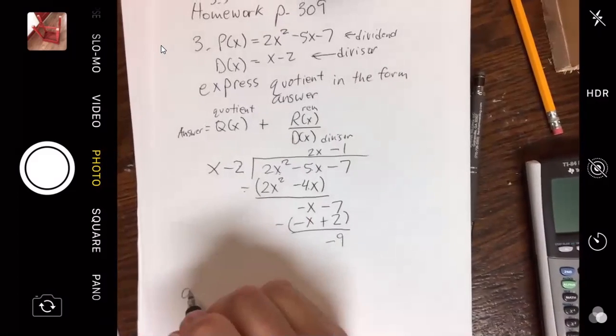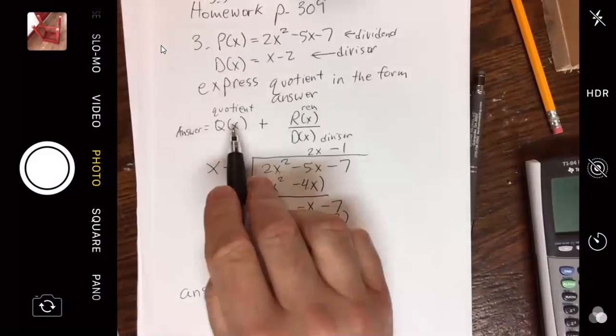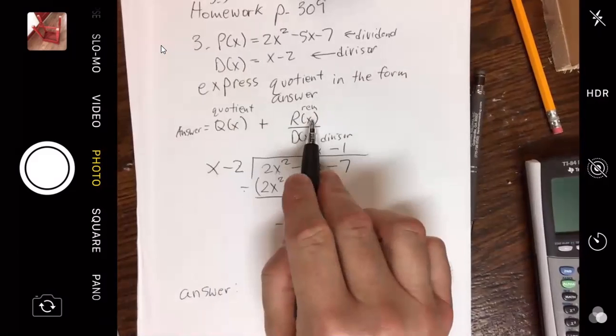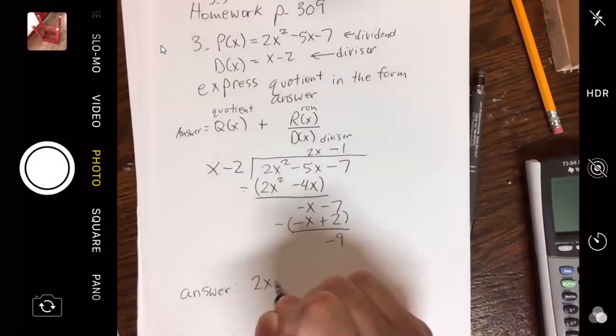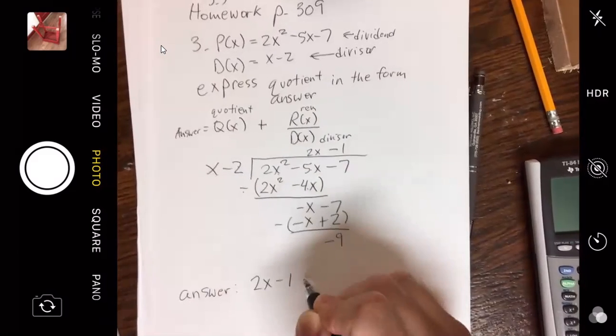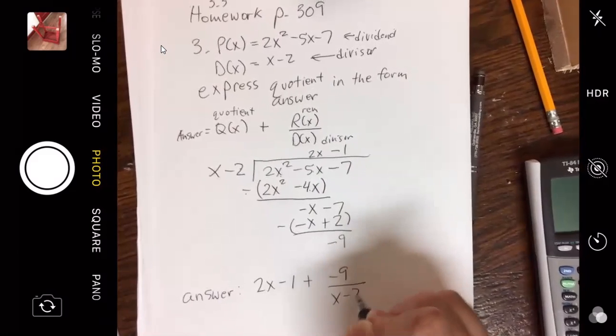So my answer then, quotient add remainder divided by divisor. 2x minus 1 is my quotient. Add the remainder divided by divisor.